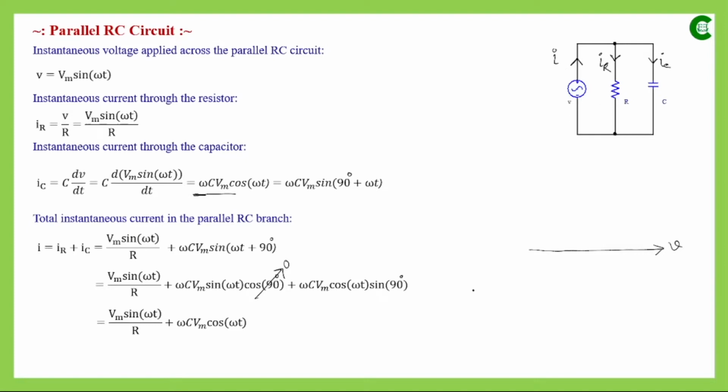So when we draw the phasor of IR, it will coincide with V, they will be in the same line, because between them the phase difference is 0.